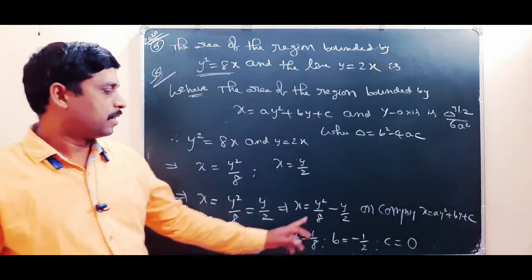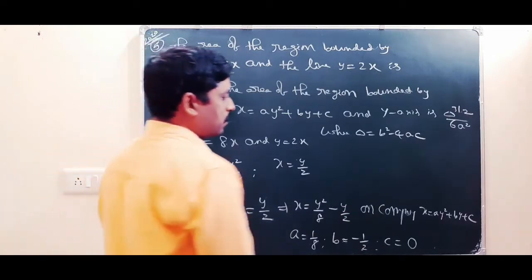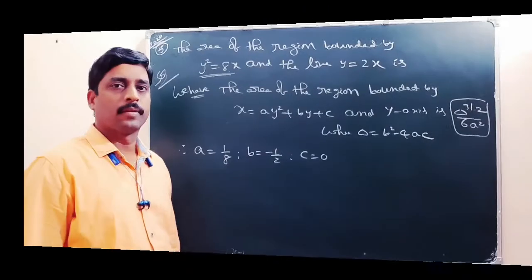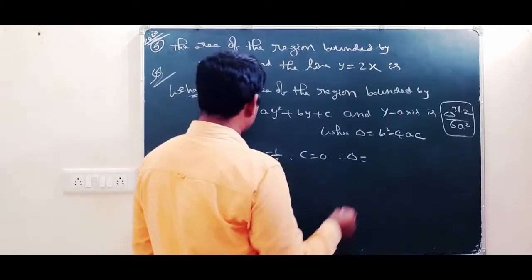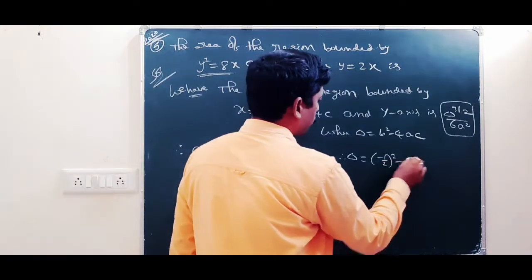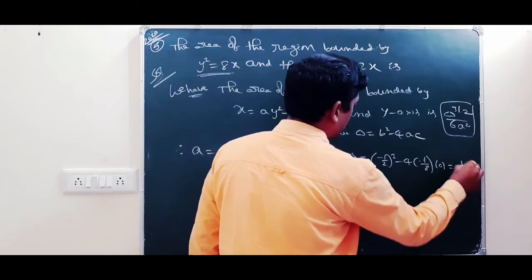Okay, a, b, c values are 1 by 8, minus 1 by 2 and c value is 0. This is the formula, delta power 3 by 2 by 6a square. First we have to find delta value, b square minus 4ac. B square value is minus 1 by 2 whole square, minus 4 into a into c. C value is 0. This value will be 1 by 4.